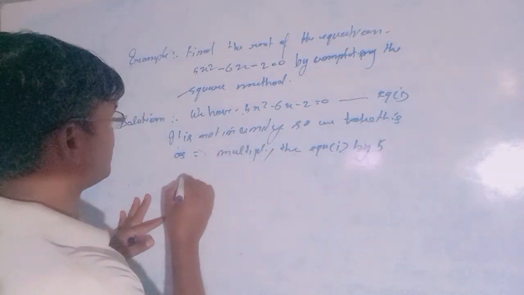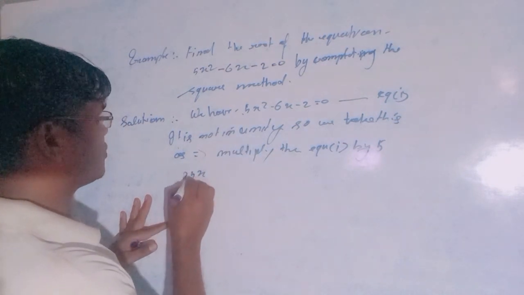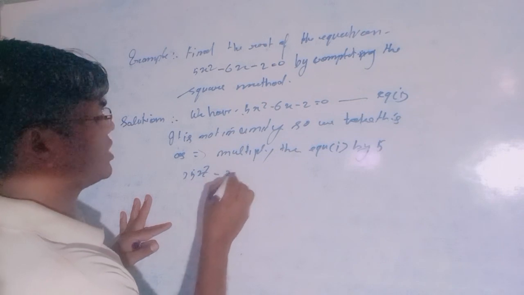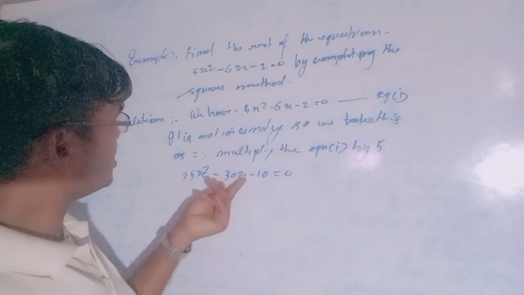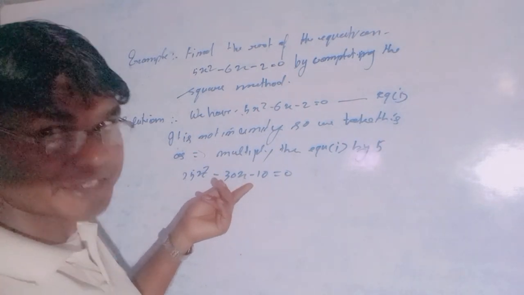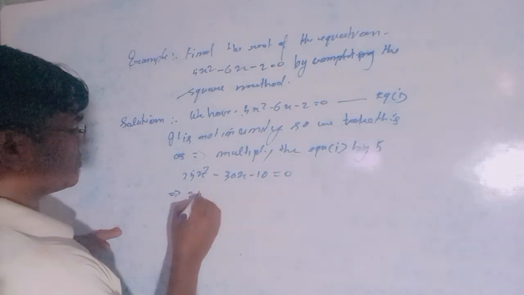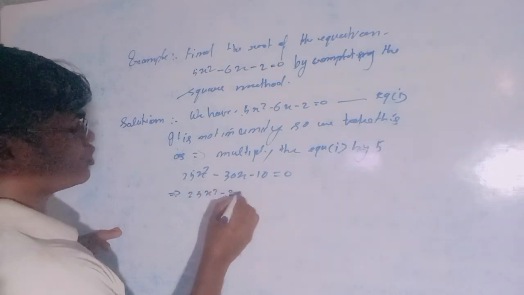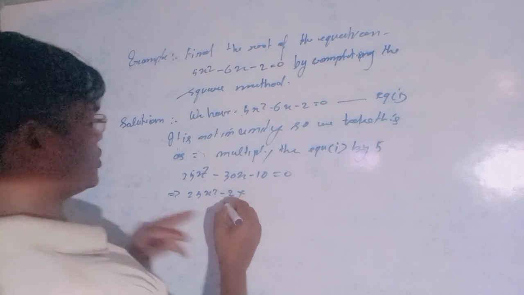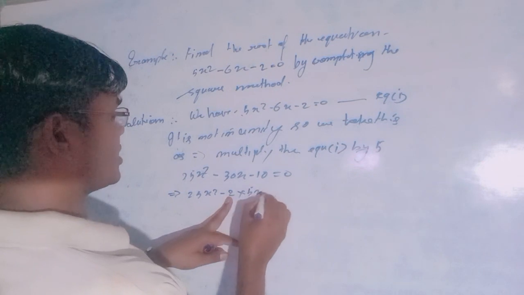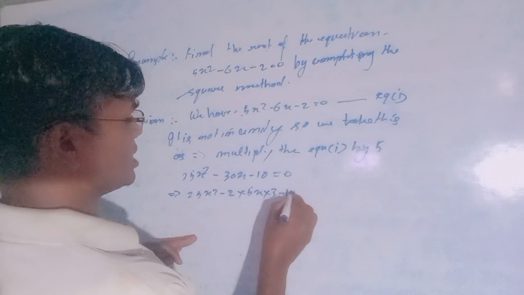So right here, 5 fives are 25x square minus 30x minus 10 is equal to 0. Now factorize this 30. So right here we will write 25x square minus 2 into 5x into 3, minus 10 is equal to 0.